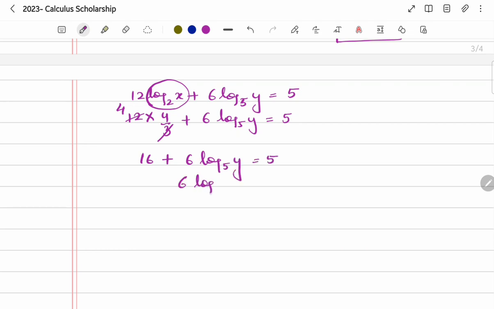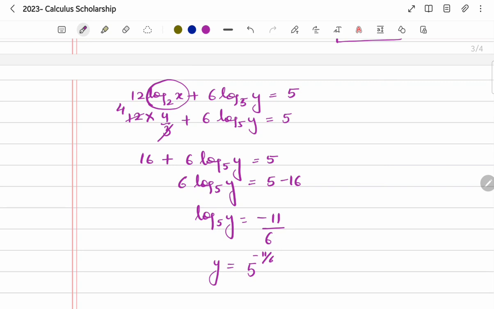So 6 log base 5 of y is equal to 5 take away 16. Log base 5 of y is equal to minus 11 over 6. Right? So your y value is equal to 5 to the power of minus 11 over 6.